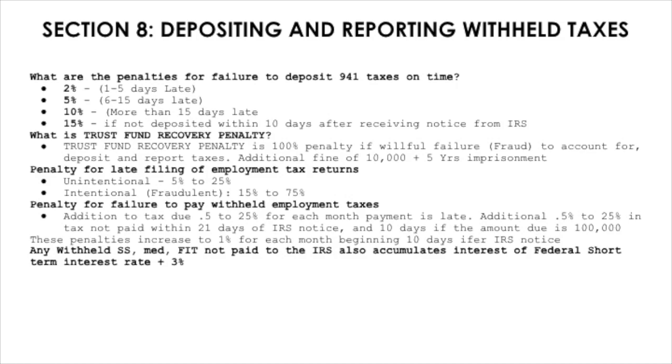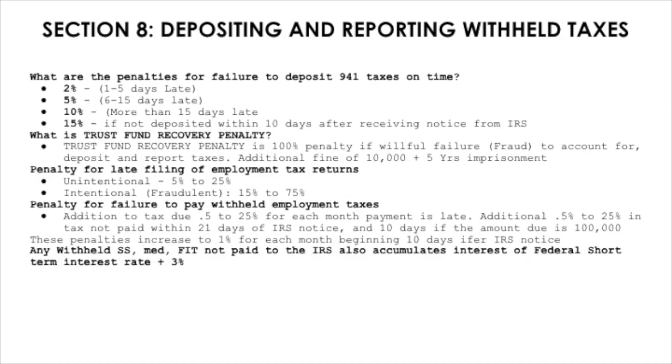And this amount is 5% of the amount of tax required to be shown on the return after accounting for deposits and credits for each month or the fraction of the month that the return is late, to the maximum of 25%, and 15% per month to the maximum of 75% of the unpaid tax if the late filing is fraudulent.